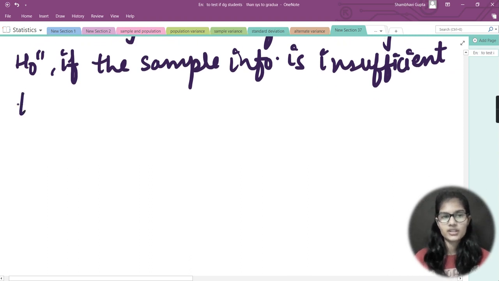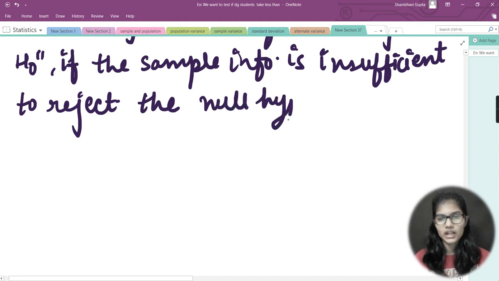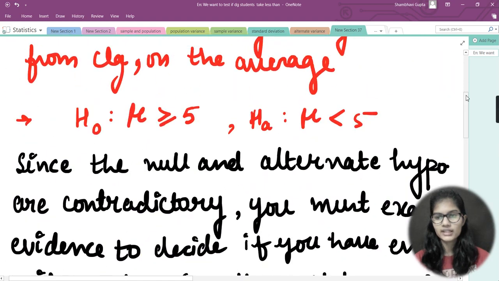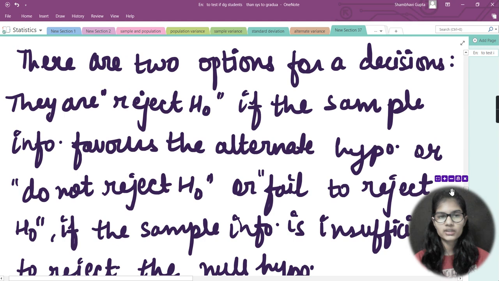Insufficient to reject the null hypothesis. These are the two decisions which can be made here. There are two options for decision.